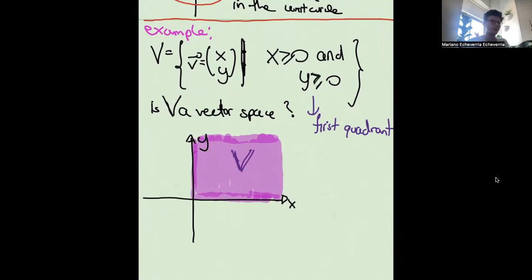Let me bring you some coffee while you think about this. So is it or is it not a vector space?